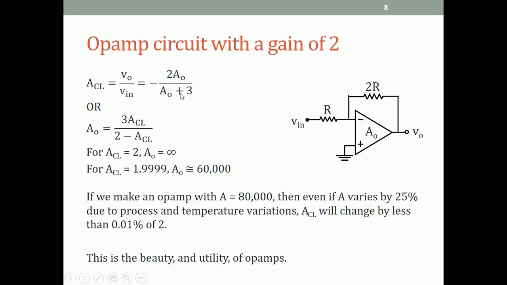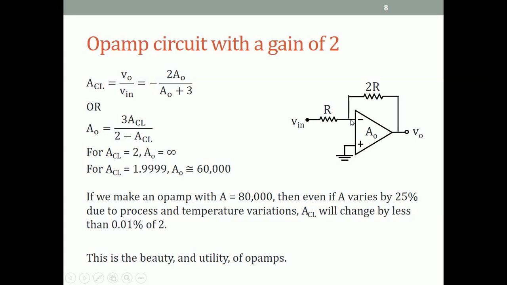When we find that VO over Vin is minus 2 for this circuit, usually what we do is we say, well, op-amp has virtual ground because the positive terminal is at ground, the negative terminal is at zero potential, and therefore if we write a KCL at this negative node, we'll get VO over Vin equal to minus 2R by R, which is minus 2. So we make the assumption that this terminal is at zero potential or virtual ground.